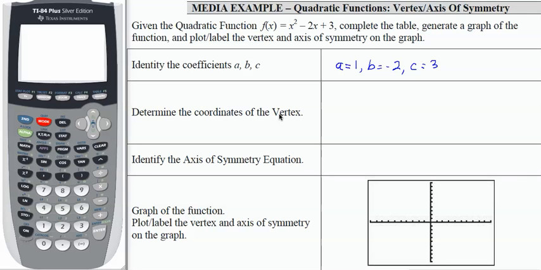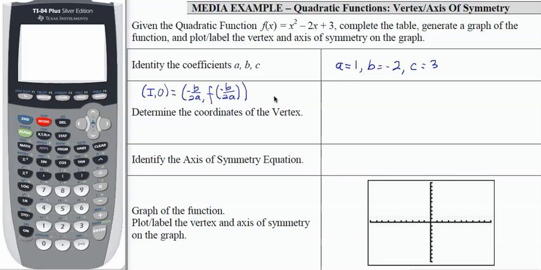To determine the coordinates of the vertex, what we're looking for is an ordered pair, input comma output, where the input is computed using the formula -b over 2a. And then to find the output, we take whatever we got for input, which was -b over 2a, and we put that into our function f. So this is just very fancy notation for the output using the input -b over 2a.